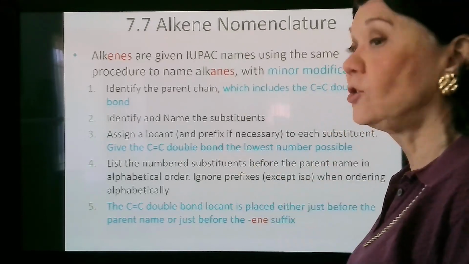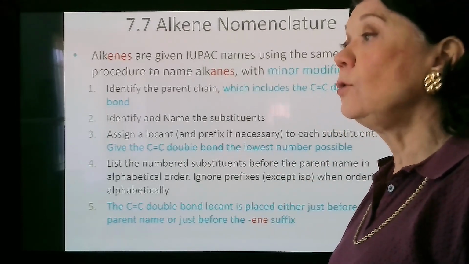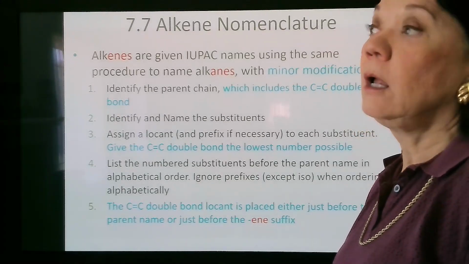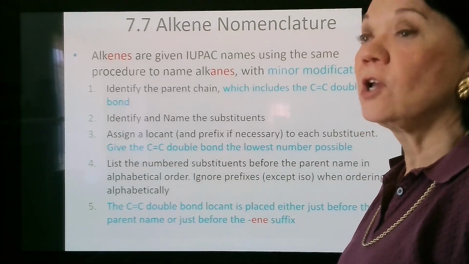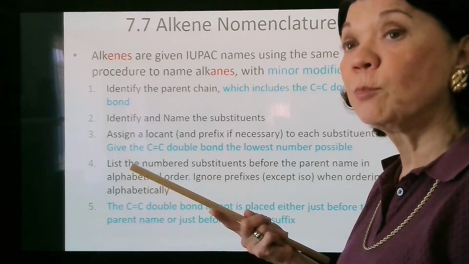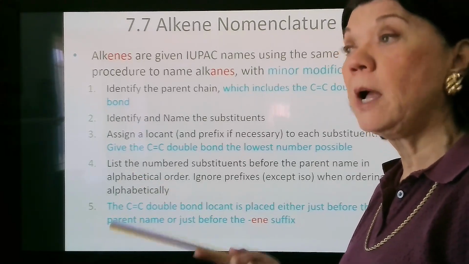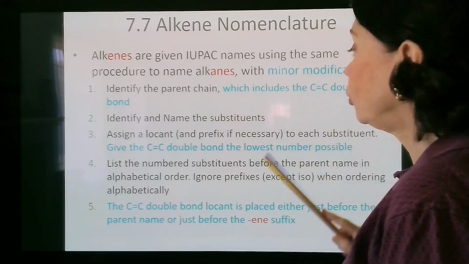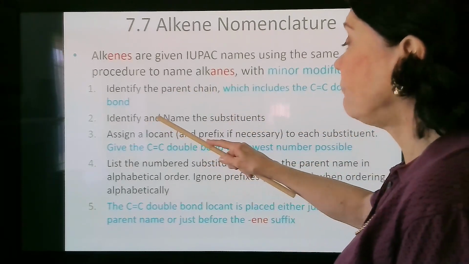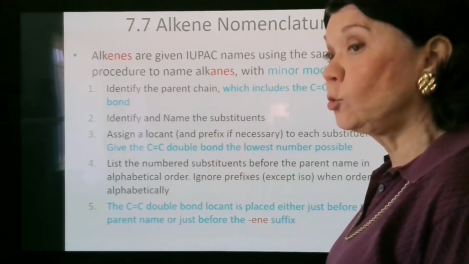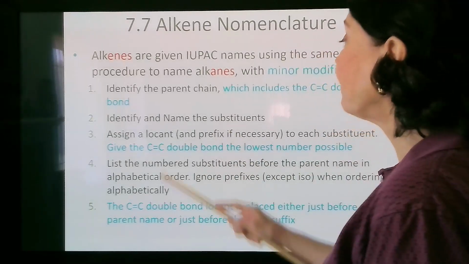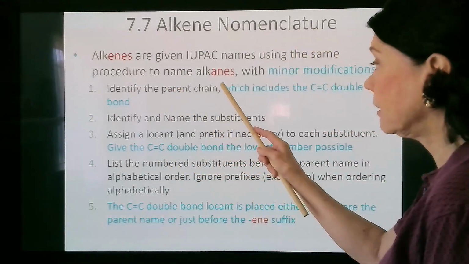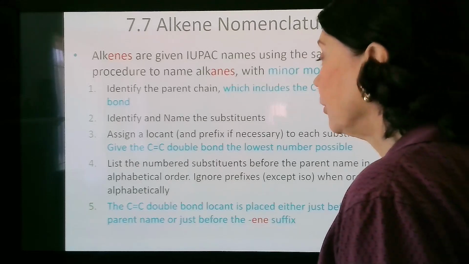And this will be the same when you go into name alkynes or ketones or aldehydes. The highest priority functional group must be included in that parent chain. Then you have to identify and name the substituents, just like before, the ones that are attached to that parent chain that bears the functional group.